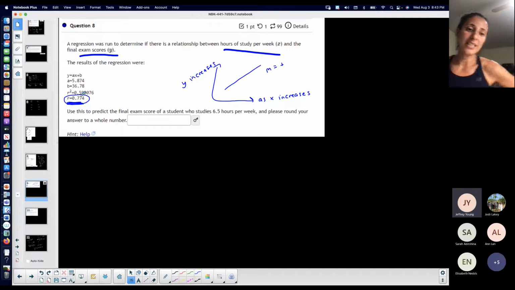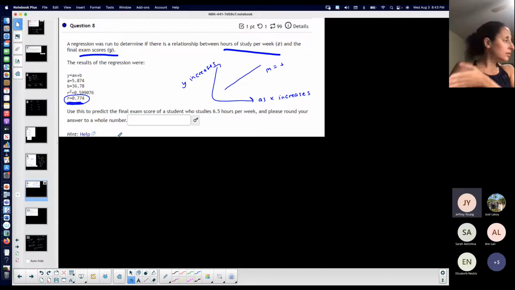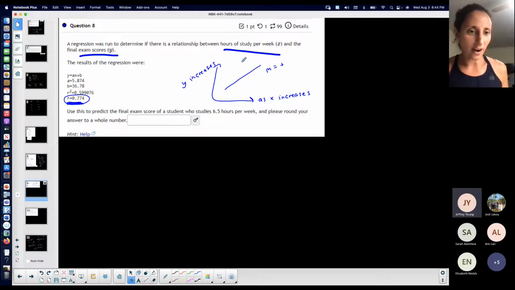Being that it is 0.77, which is kind of close to positive 1, I would say it could be potentially strong linear correlation. We don't have the graph, but anyway. So as X increases, Y increases, which would mean the more hours of study that I do per week, the higher this final exam score is. So just based on my intuition, the mathematics, the values are following what I would expect.